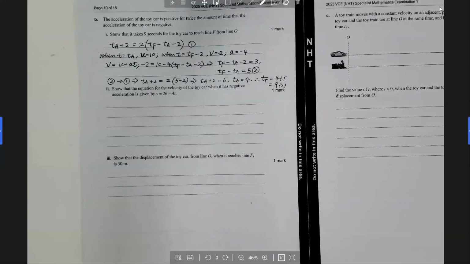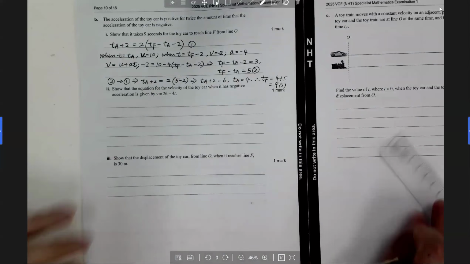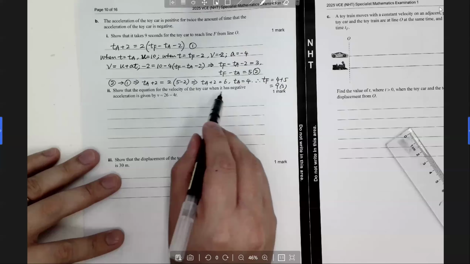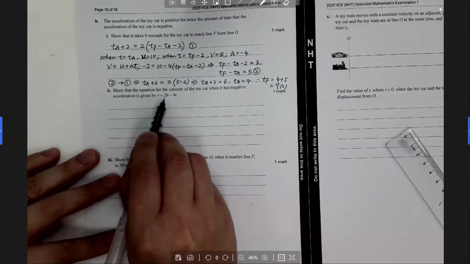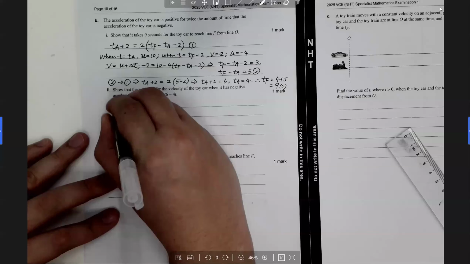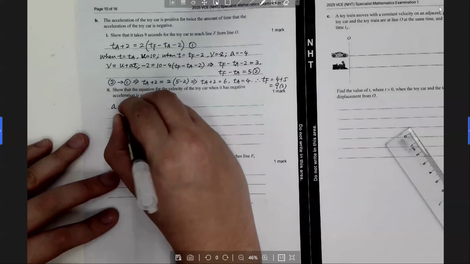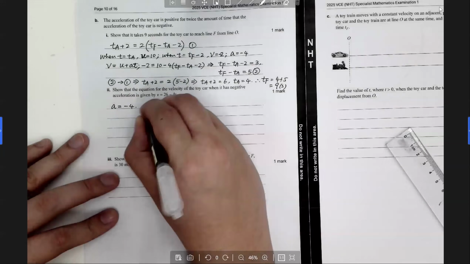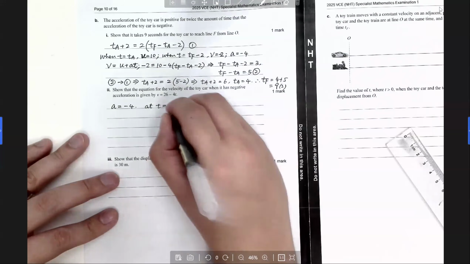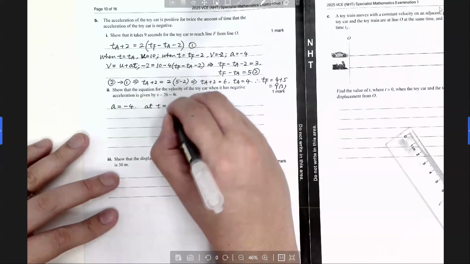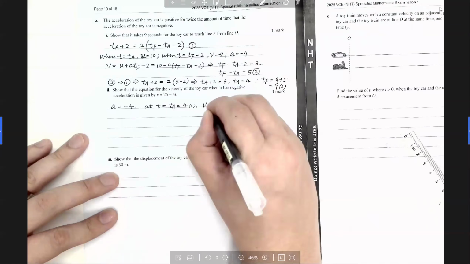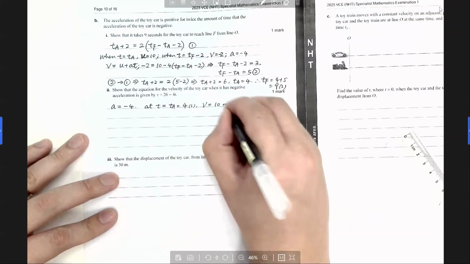Show that equation, to be honest with you. And then we want to show that the equation for the velocity of the toy car when it has a negative acceleration is given by v equals 26 minus 4t. So we know acceleration equals -4. At ta equals 4 seconds, the velocity was 10 meters per second.